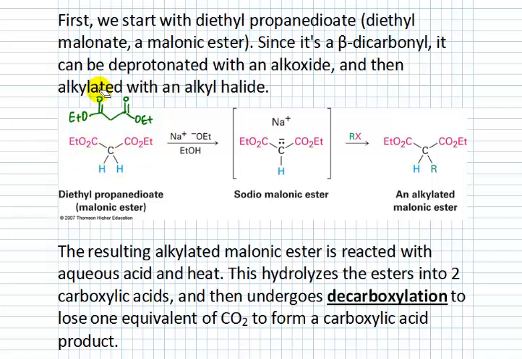So it's a beta dicarbonyl compound, so the alpha hydrogens are going to be extra acidic, meaning we do not need LDA to deprotonate. We can use ethoxide, something much milder. We do need to use ethoxide, for instance, because we want the R group in the alkoxide to match the R group of the ester.